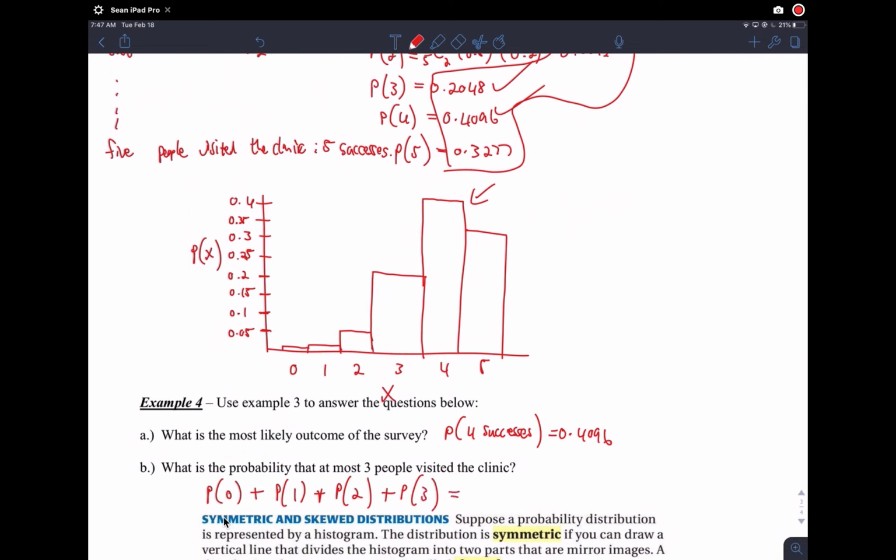If you add all those numbers up, you get 0.00032 plus 0.0064 plus 0.0512 plus 0.2048, and you get 0.2672. That's the probability that at most 3 people visit a clinic.